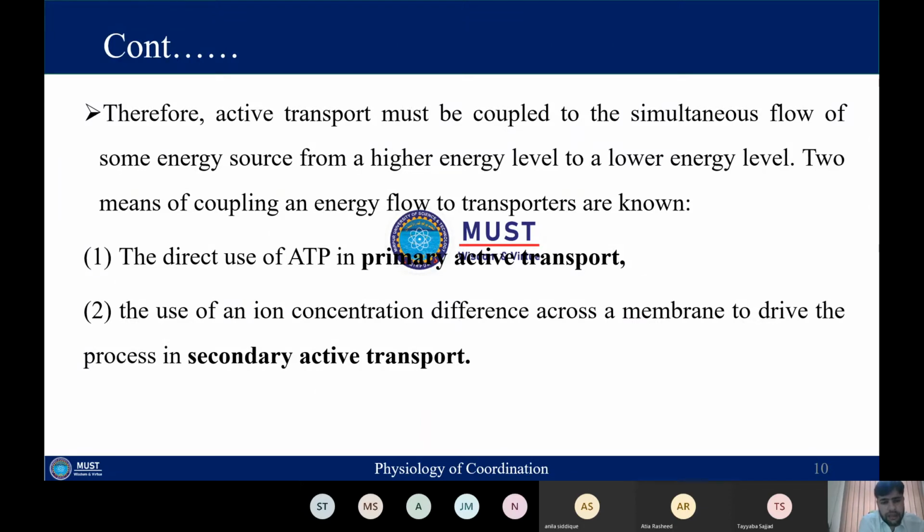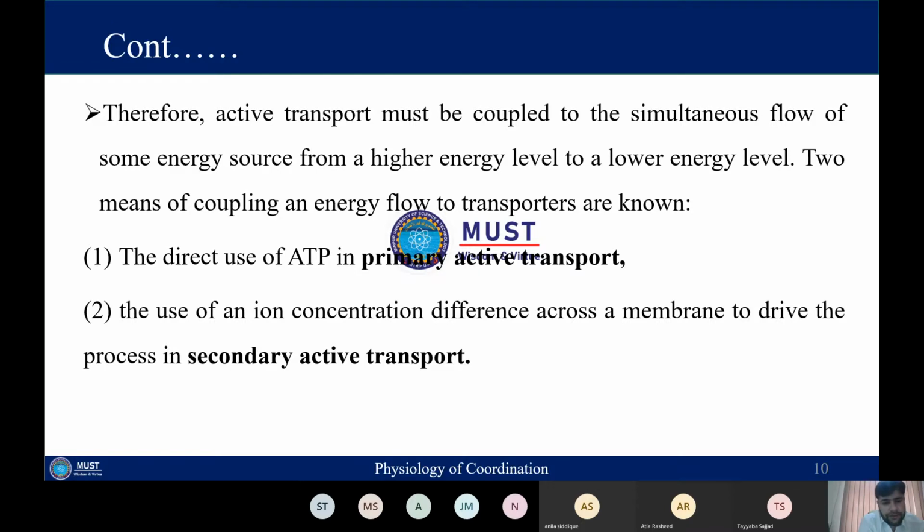And two means of energy coupling to the transporter are known. One is direct use of ATP. When the energy is directly utilized by the cells, by the transporter protein, in the form of ATP, that process is called primary active transport.